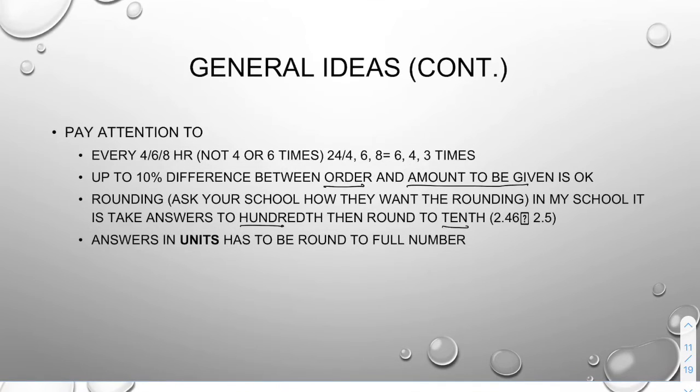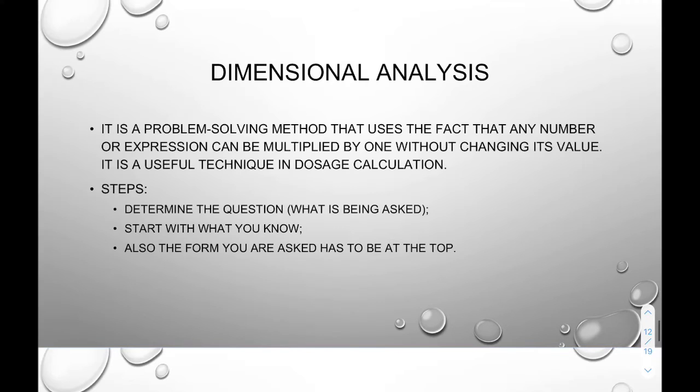Then some medications that are measured in units have to be rounded to a whole number. If your calculation gives you 10.1 units, you are required to say 10, or 10.6 units, you have to round it to 11 units. No partial or decimal points are accepted in units.